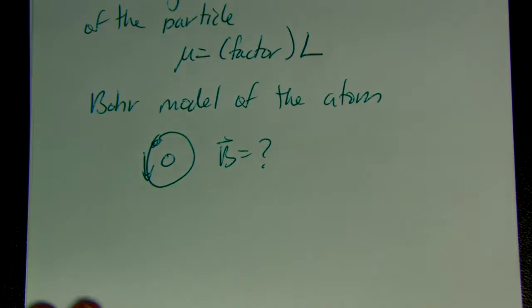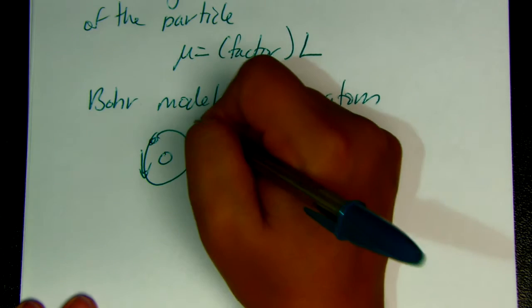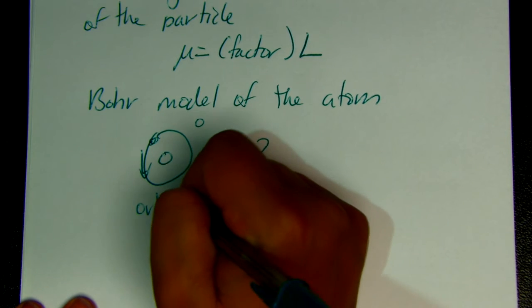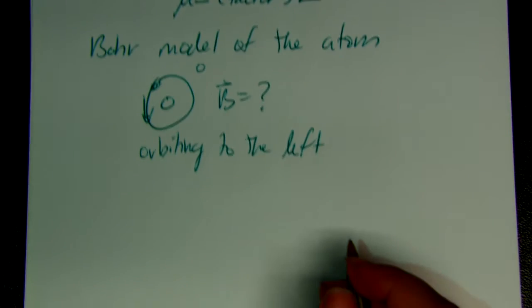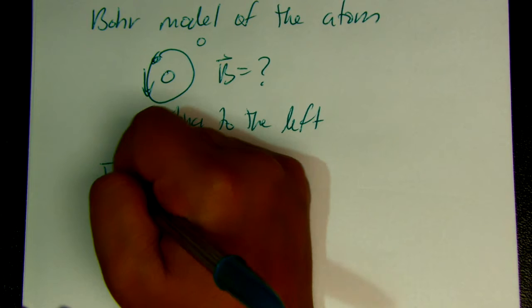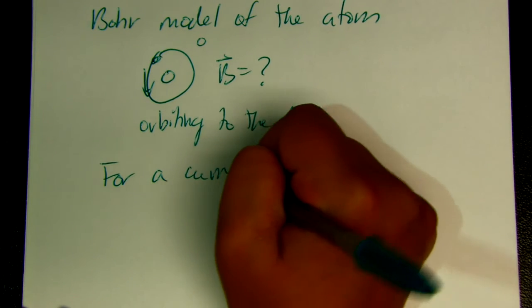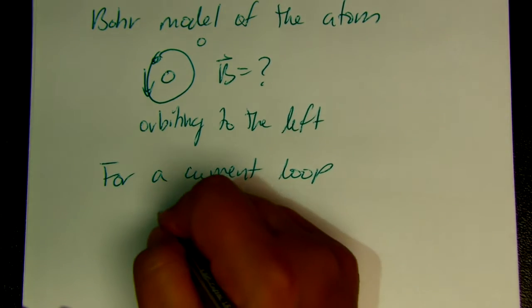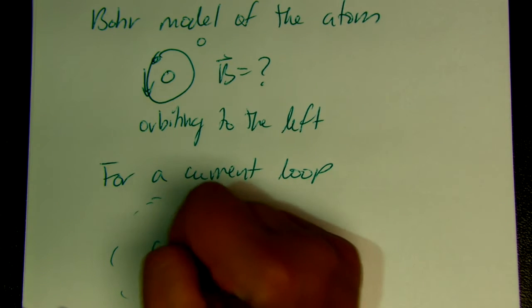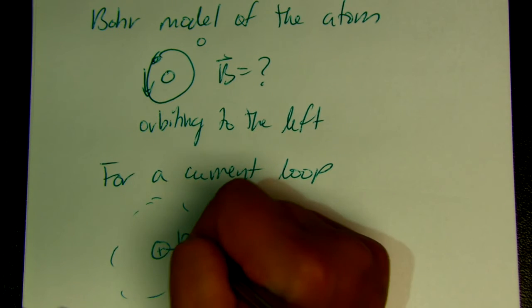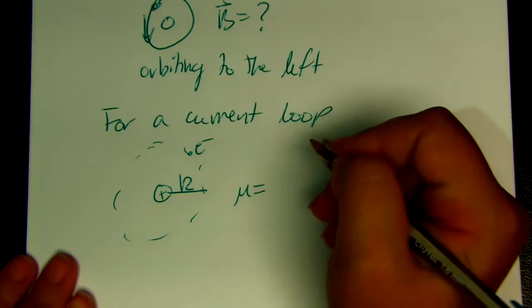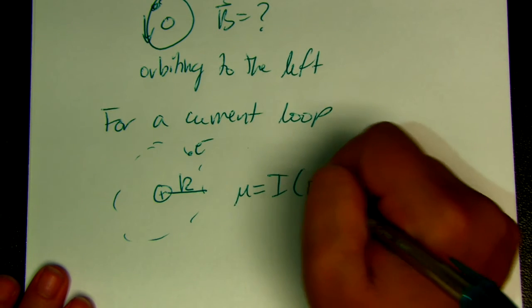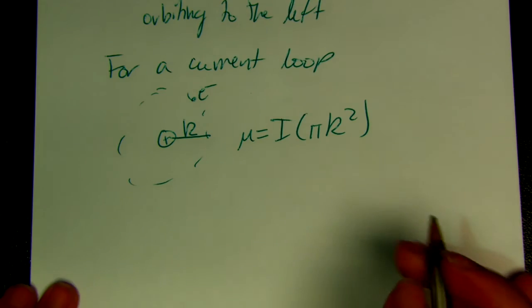So we've got an electron going around in a circle, orbiting to the left. Now we have a current loop, with our positive charge, our radius, and our little minus e. So mu is equal to I times pi r squared. We're just going to treat this like a little loop.